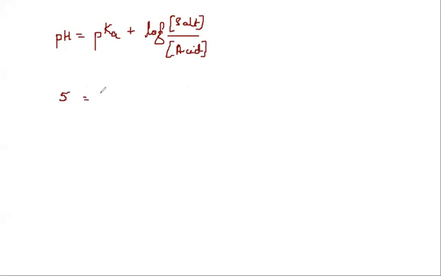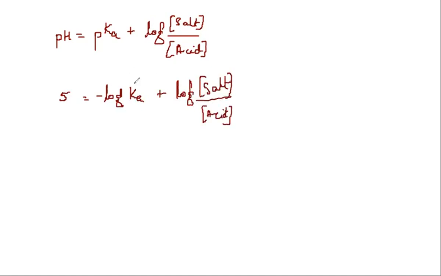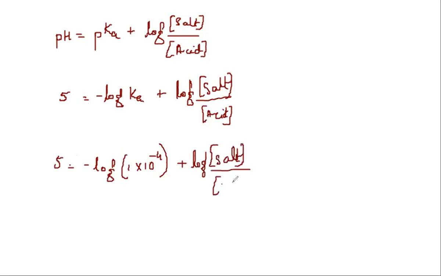What is pK? pK is nothing but minus log of K. Plus log of concentration of salt to concentration of acid. So 5 is equal to minus log of K. What is the value of K given? It is 1 into 10 raised to minus 4. That comes out to 4 plus log of salt concentration to acid concentration.